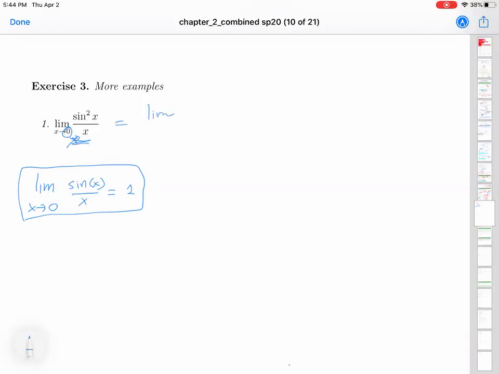How can we squeeze the sine of x over x out of sine squared x over x? We just need to break it into two identical functions, each sine of x. Then we can break this into two different functions, the limit of sine of x over x times the limit as x goes to 0 of sine of x.